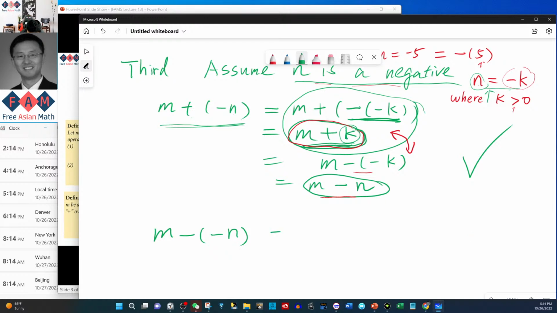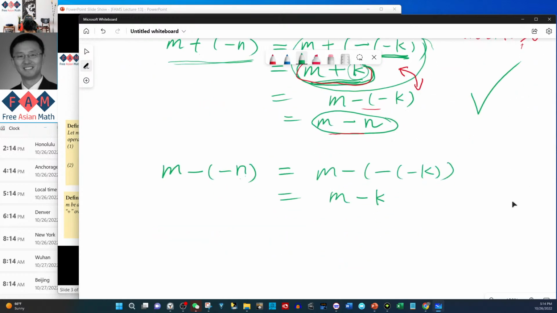So this is nothing but, once again, because negative n is just k, this is m minus k. Oh my goodness. k is positive, and we want to prove this equals m plus n, right? This is what we want to prove.